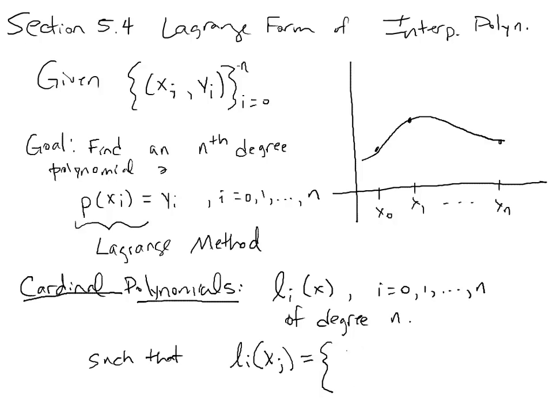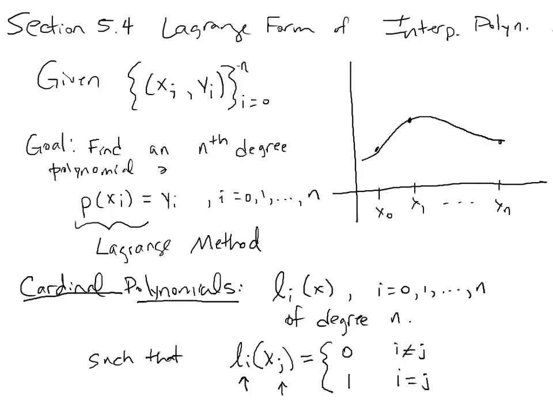You get 0 anytime i is not equal to j. So say I took L1 of x2, that would have to be 0. Anytime those two are not equal, we want the output to be 0. Otherwise, any time they are the same, we want it to be equal to 1.